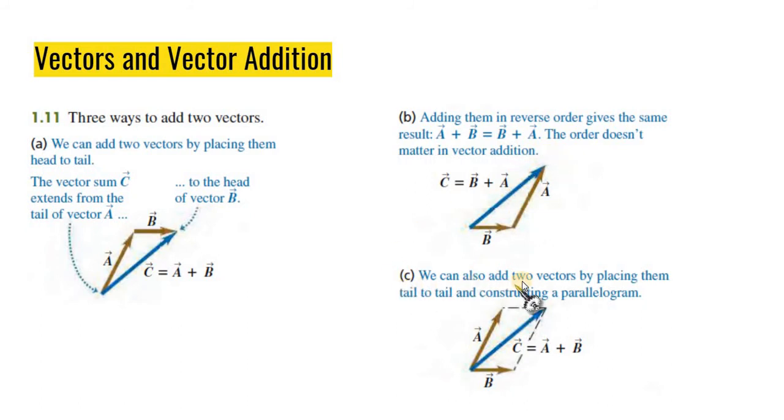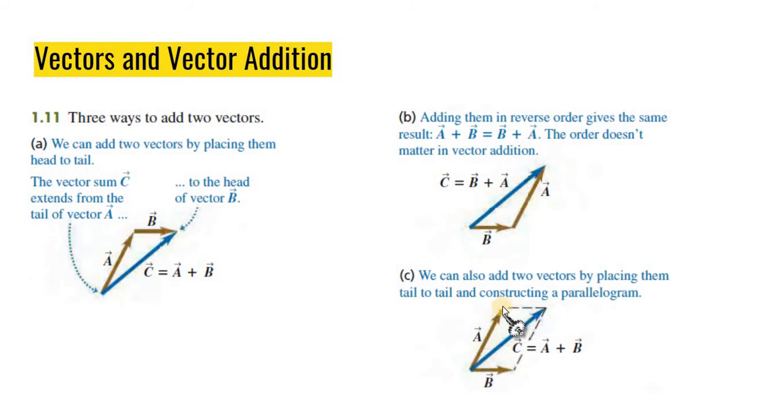Letter C, we can also add two vectors by placing them tail to tail and constructing a parallelogram. So you can put the vector here. This is a tail to tail connection. The tail of vector A is connected to the tail of vector B, and then you draw a parallelogram.